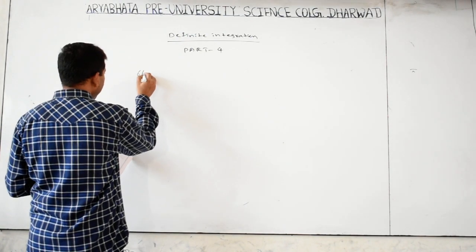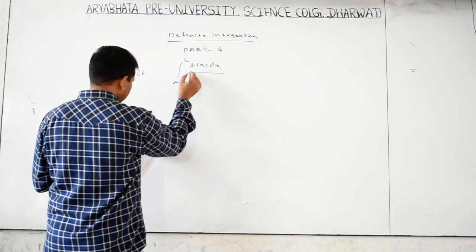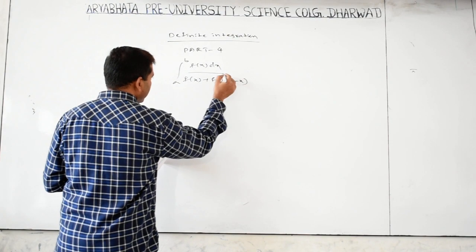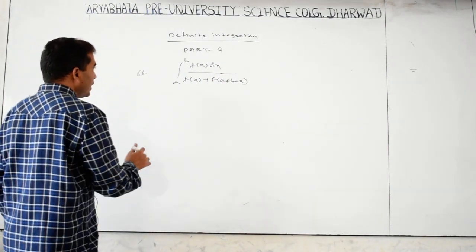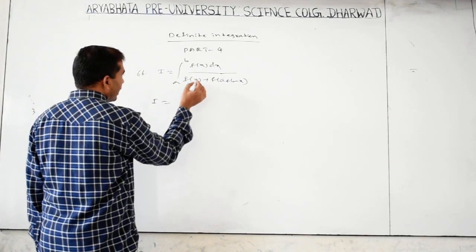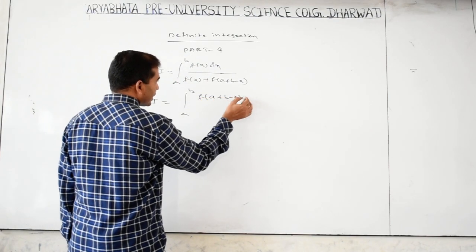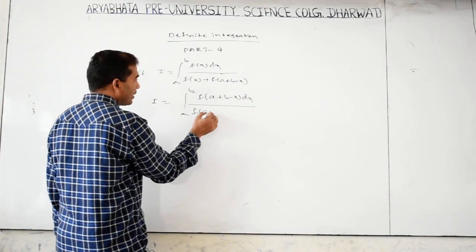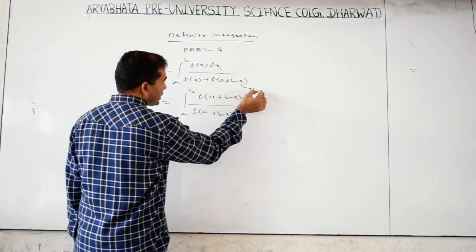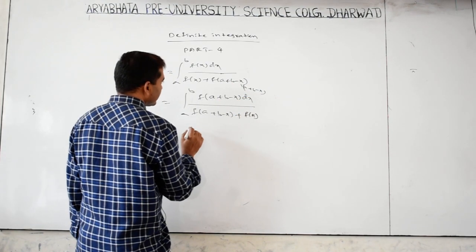Next, 66: integration a to b f of x dx divided by f of x plus f of a plus b minus x. Let this be I. Use the property a to b f of, in place of x, the sum of the limits minus x, a plus b minus x, dx by f of a plus b minus x plus f of, here a plus b minus x, minus a minus b cancel, f of x.